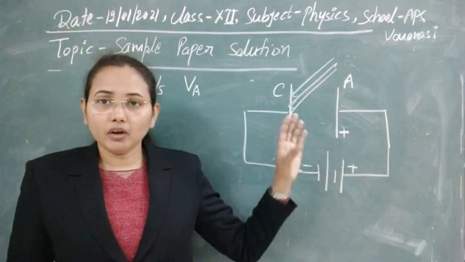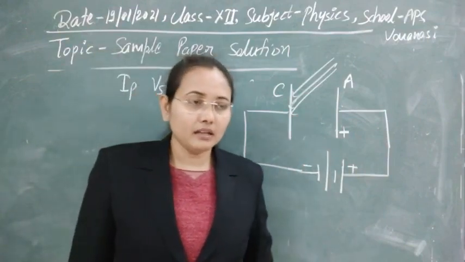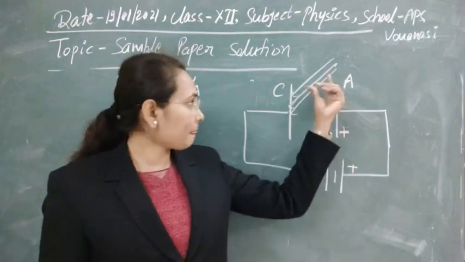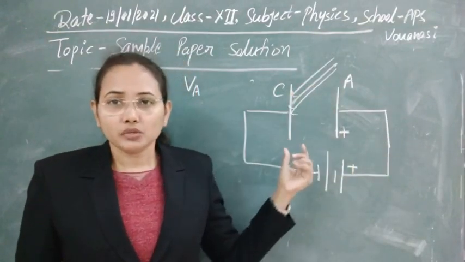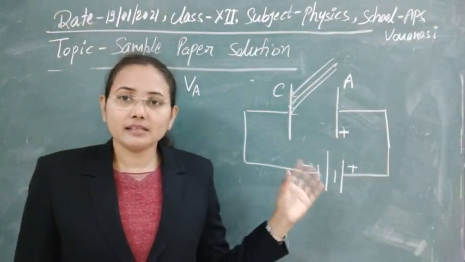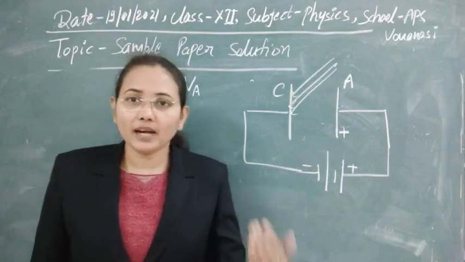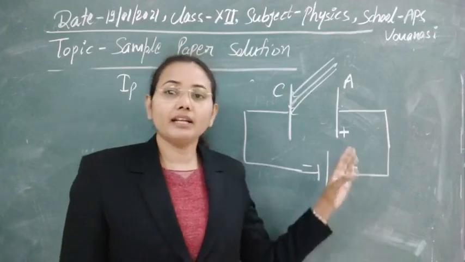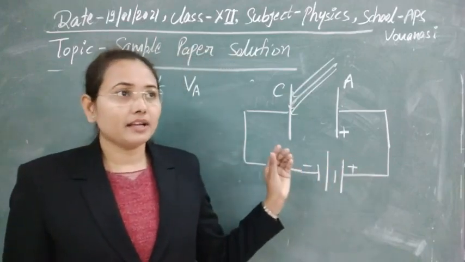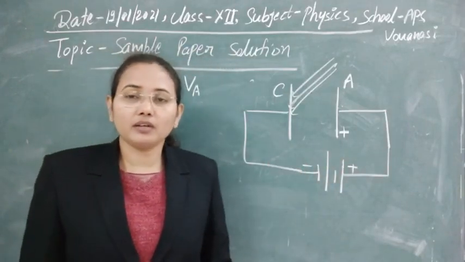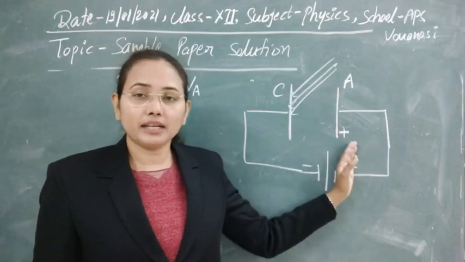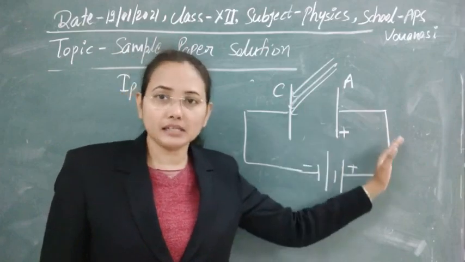Now at cutoff anode potential, we start to increase the frequency of radiation. It means we are providing energy to the system, so the kinetic energy of electrons will increase, and now some electrons have enough energy to bear this negative potential, this repulsion, and they can reach here.